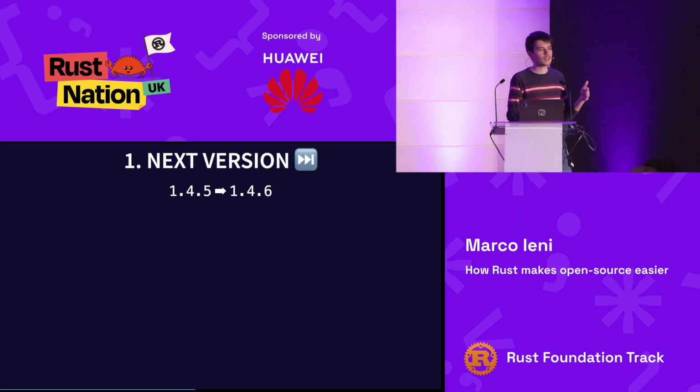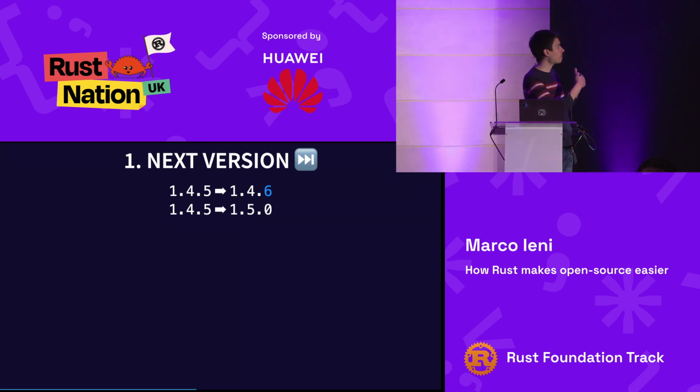Your library is at 1.4.5 and you decide you want to release a new version. Well, what is the next version going to be? 1.4.6, maybe because your new commits are only small fixes, and so you just bump the patch version. Or maybe you have new features, and so you want to bump the minor.